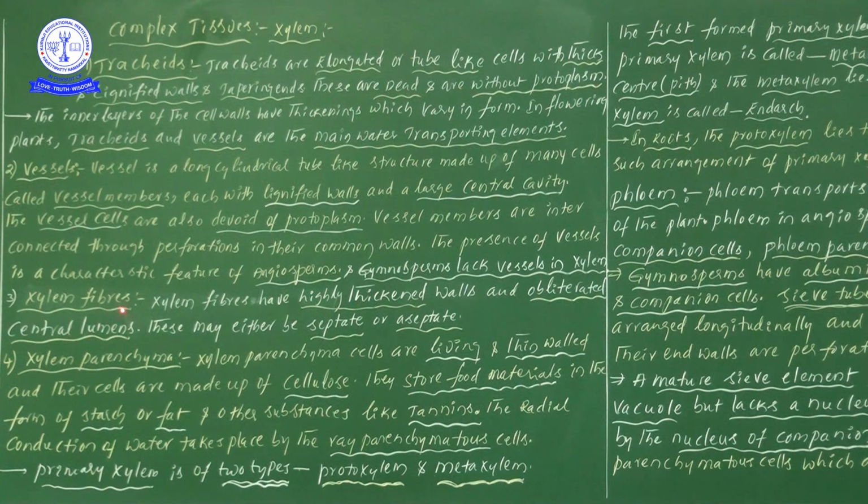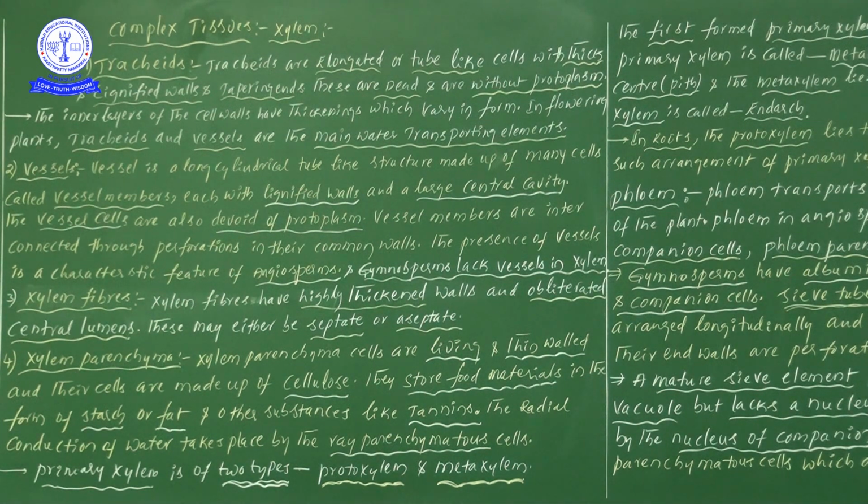If they ask any question related to xylem fibers, just remember one word: obliterated. As I told you already, without the mention of obliterated, they cannot ask a question under xylem fibers. This is how important it is. Because the cell walls are highly thickened, we can see an obliterated central lumen, a very thin central lumen.